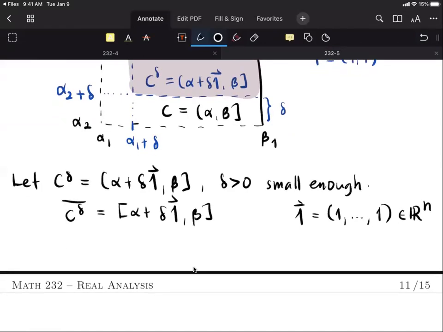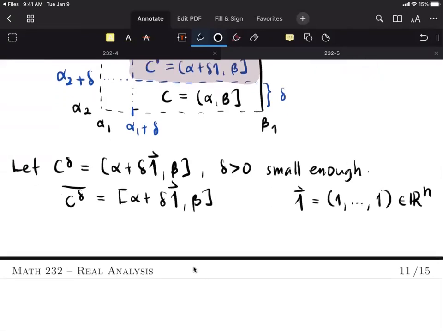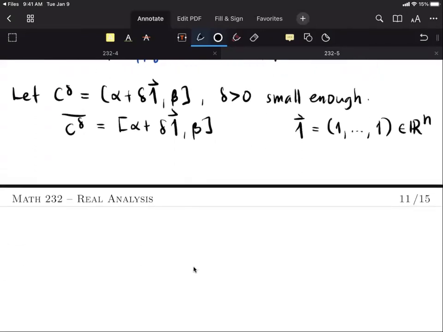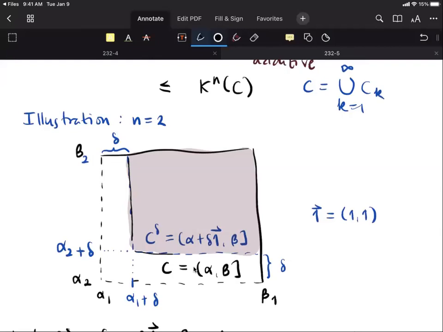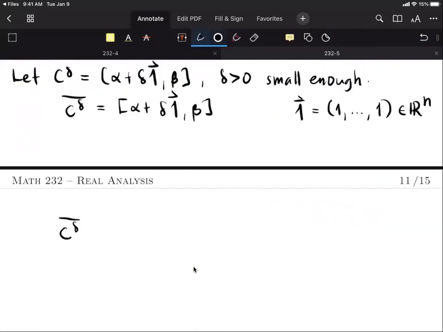Okay. So that's the closure. And likewise, take note of the closure. If you take the closure, these parts here will be included in the closure. And that will still be a subset of C. Okay, so let us be careful on the set. So that would be C. This is a subset of the C sub k's.